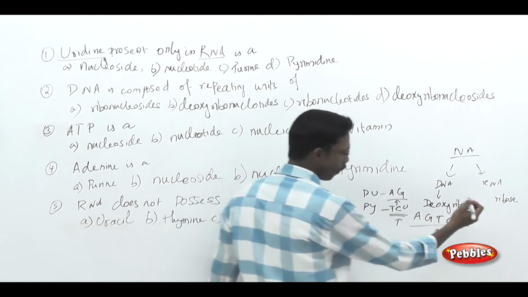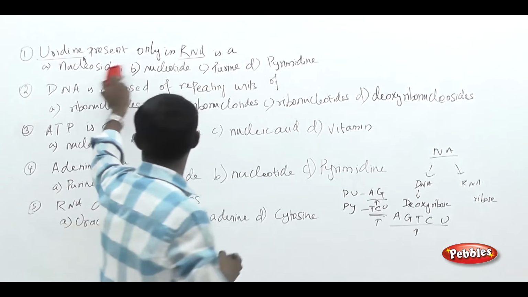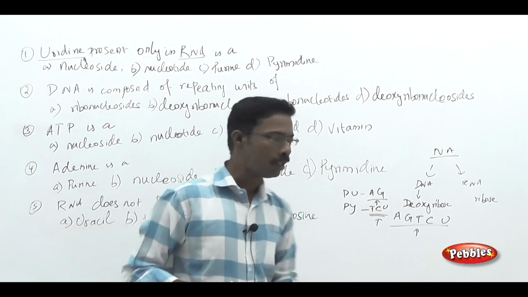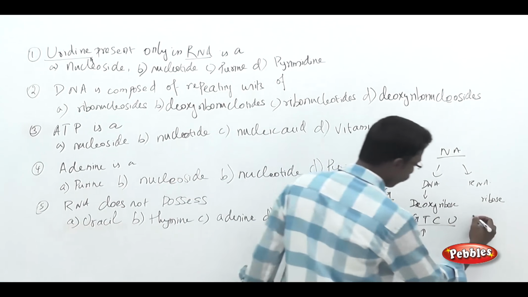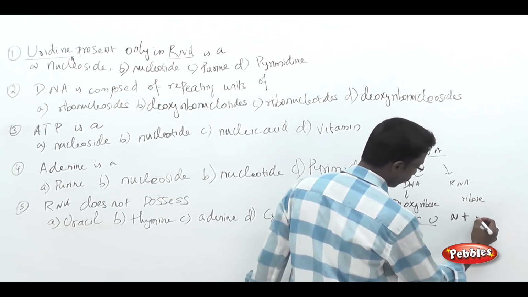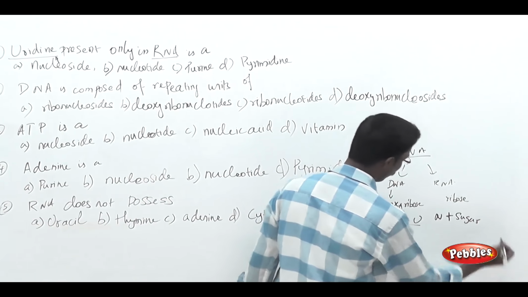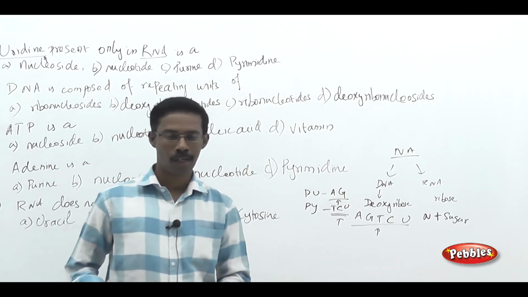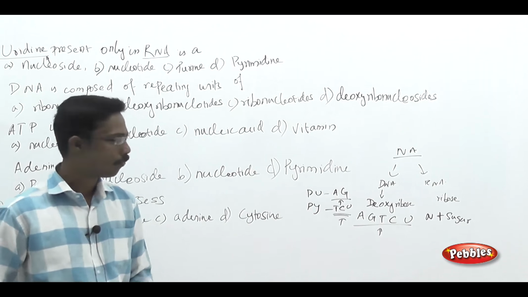Now we will come back to the other two terms, nucleoside and nucleotide. What is a nucleoside? The nitrogenous base plus a sugar. It may be a deoxyribose sugar in case of DNA or a ribose sugar in case of RNA.